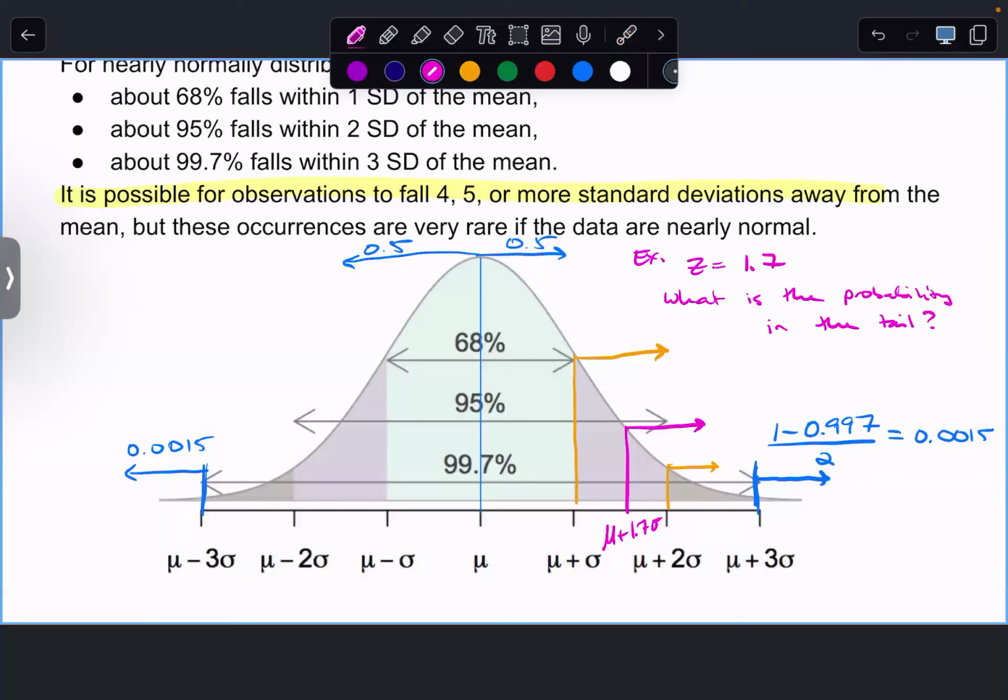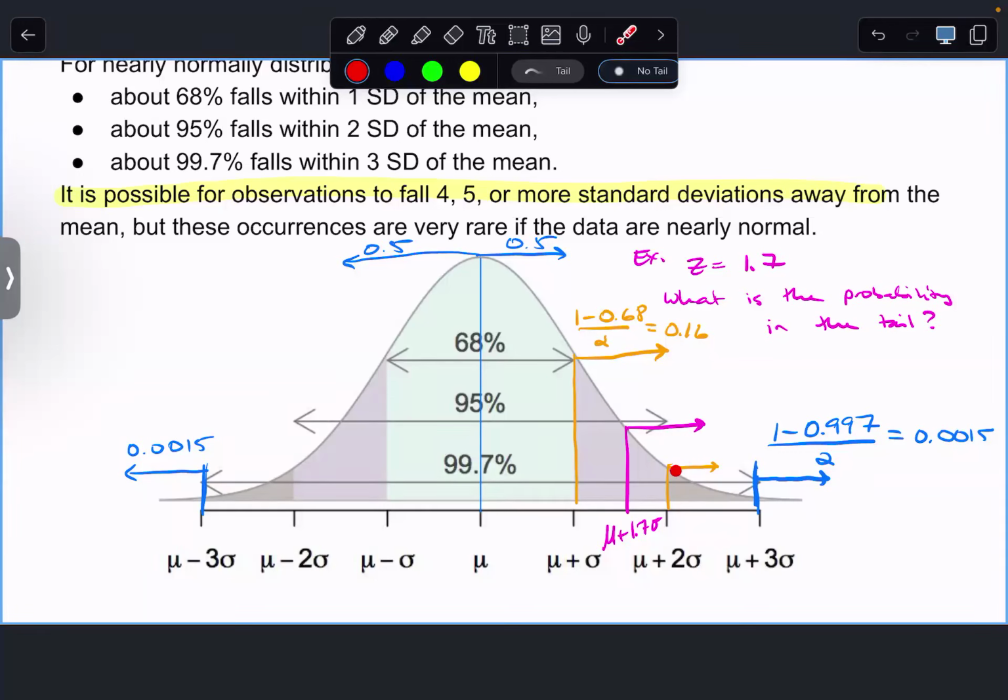So this must be 1 minus 0.68 divided by 2, which is 0.16. I can do the same with the smaller area at a Z of 2, or mu plus 2 sigma.